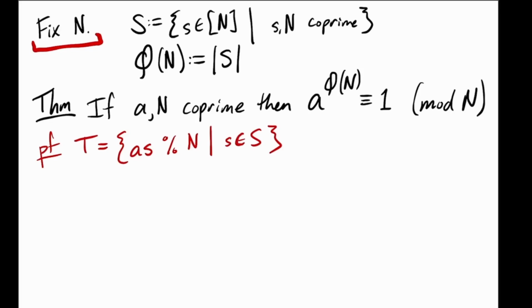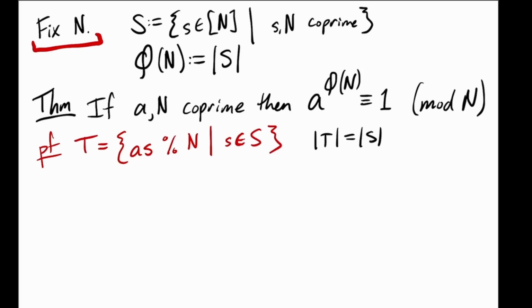But now I'm only taking those numbers s that are coprime to n. We saw already that when a is coprime to n, this function is injective. So for every element of S, we're going to get a new, distinct element in T. And so, in fact, that means that the size of T will be equal to the size of S.